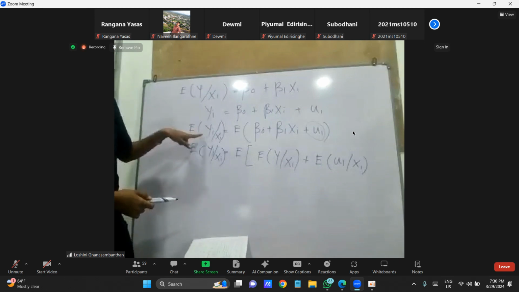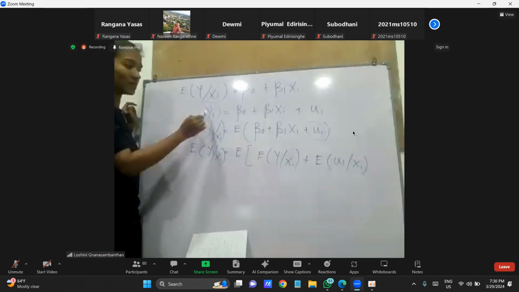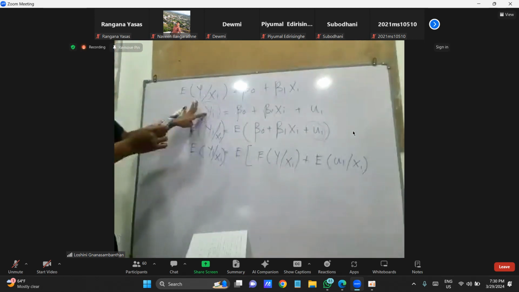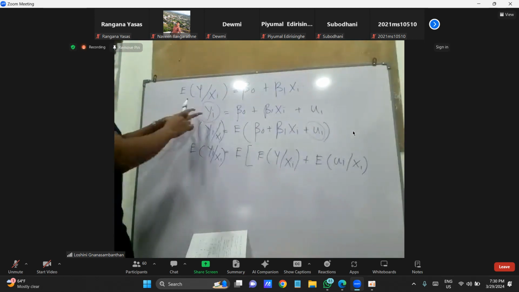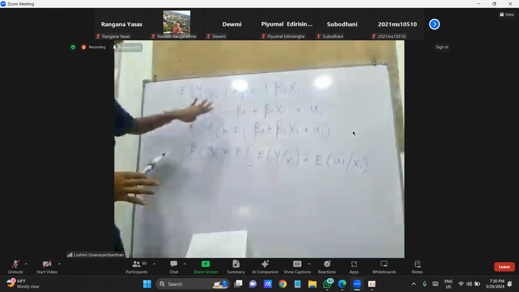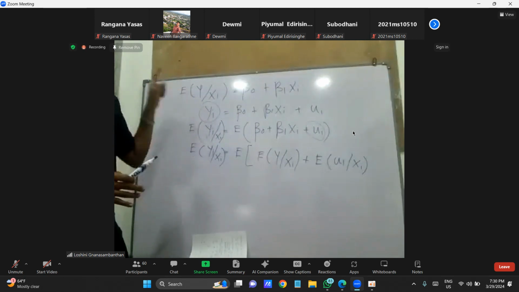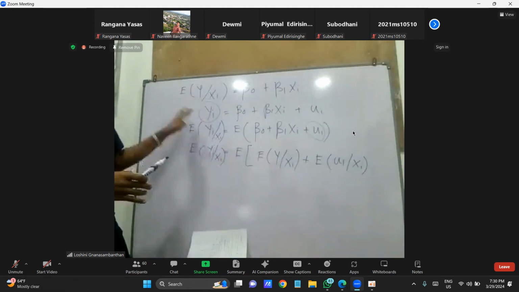So when you are going to find the expected value of this one, when you have ui, then no other term, every time this y will be yi.